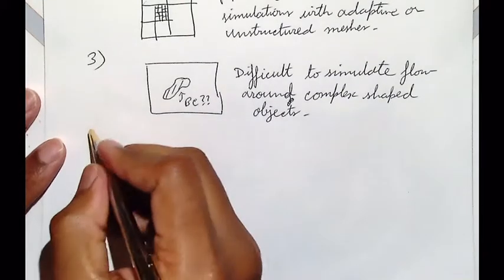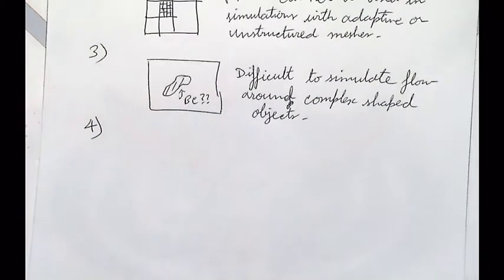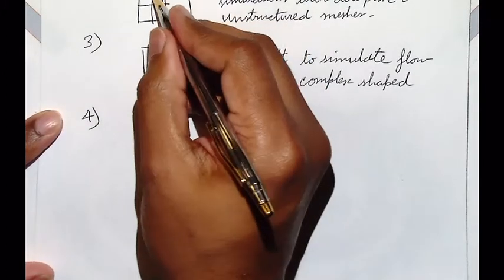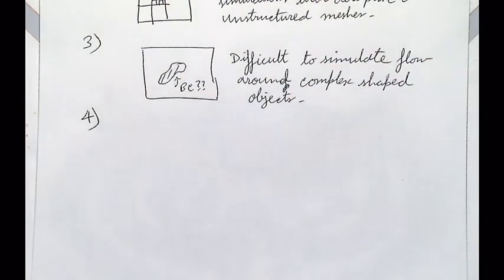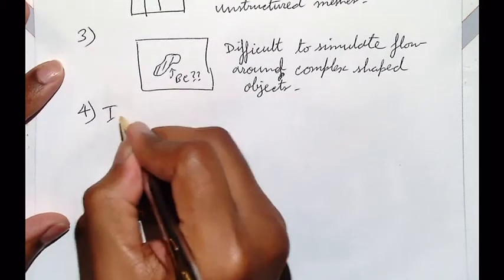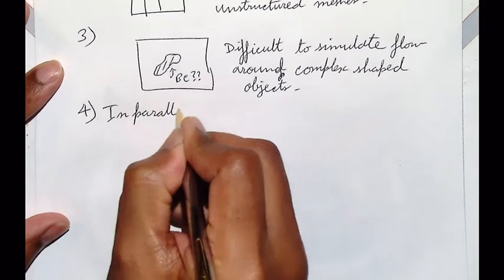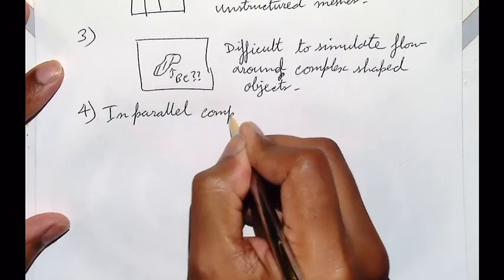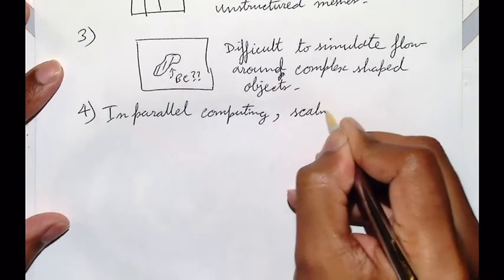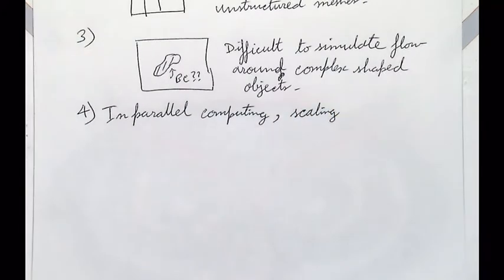In terms of computing, it scales relatively okay until you get into very large problems. In parallel computing, scaling means, if I throw 4 times as many computers at a problem, it will be solved 4 times faster.